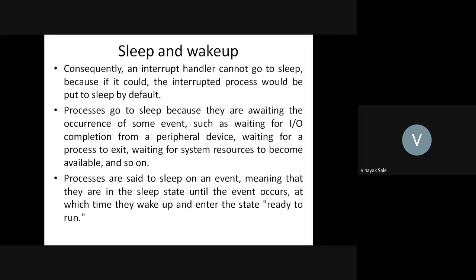Processes are said to sleep on an event, meaning that they are in the sleep state until the event occurs, at which time they wake up and enter the state ready to run.